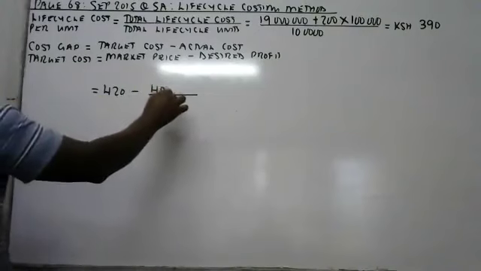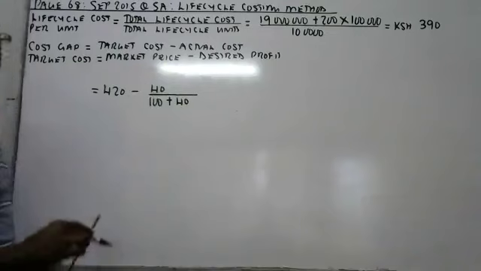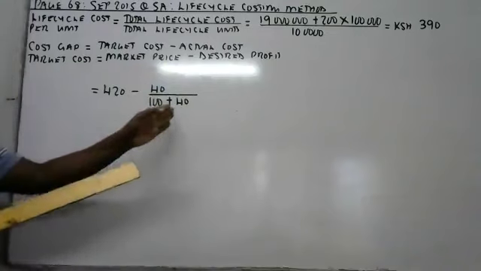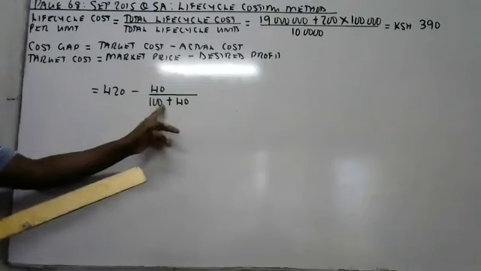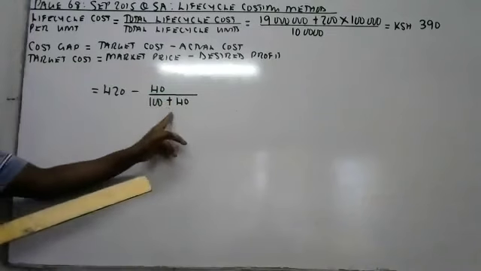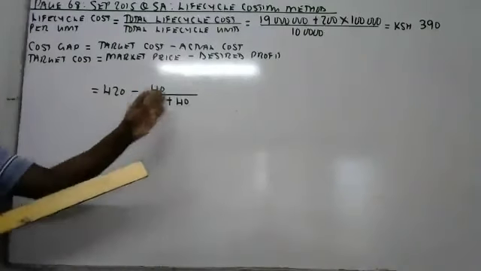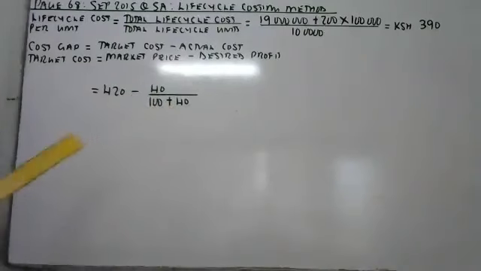So we are going to add 40. And we are adding because cost is smaller than price. So if you are in cost and you want to go to price, then you must add. But if you were in margin and you want to go to cost or to convert it to markup, you subtract.